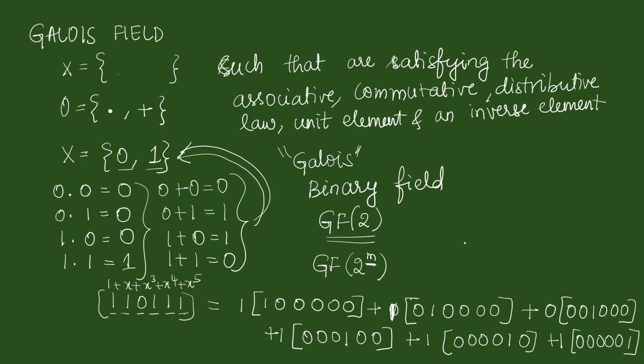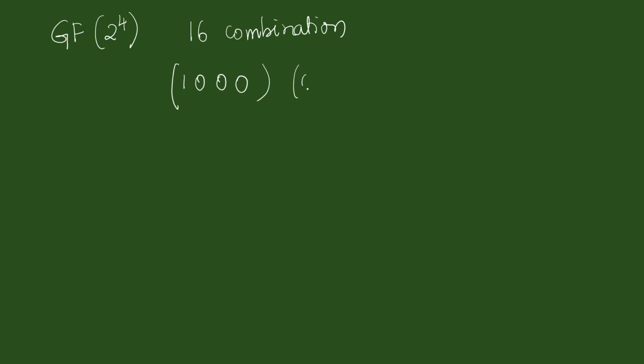So assume that I have Galois field of 2 power 4. In that case, using the 4 dimensions, I can represent any of 16 combinations. So what does that mean? If I have 4 dimensional unique vectors, that is 1 0 0 0, the other one is 0 1 0 0, the third one is 0 0 1 0, the last one is 0 0 0 1.